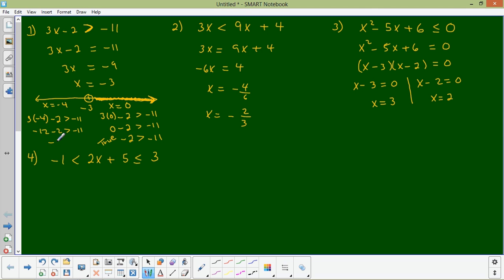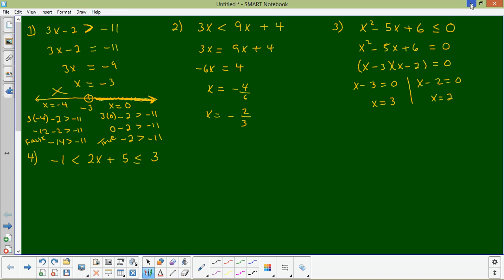So is negative 14 greater than negative 11? And that is a false condition. Negative 14 is not bigger than negative 11. Negative 14 is to the left of negative 11. So numbers in that region will not work. So my solution, pictorially, is from negative 3 exclusive to plus infinity.